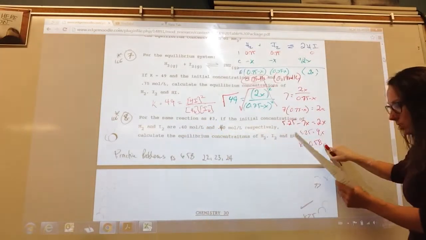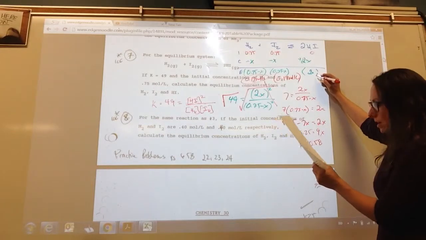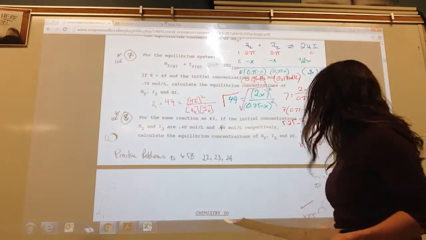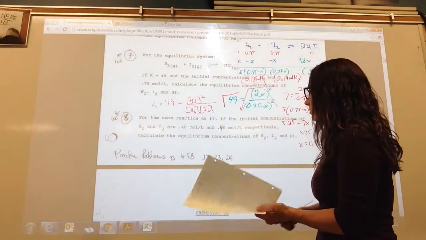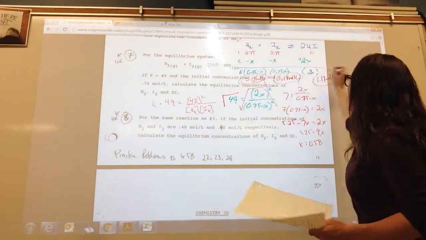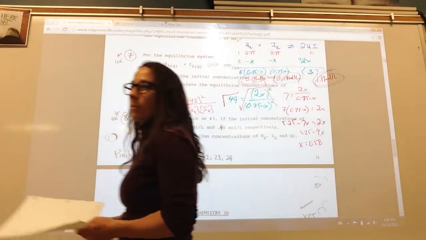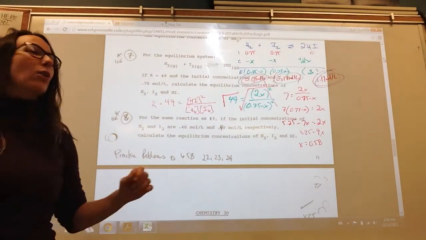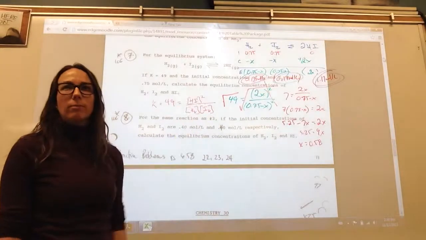And 2 times 0.58 is 1.17 moles per liter. And now I'm done. So don't stop at x, because it's a big effort and you think, hurrah, move on. No, you gotta keep going.